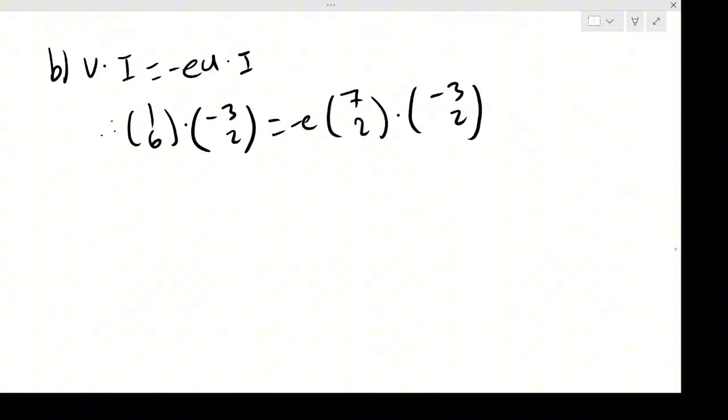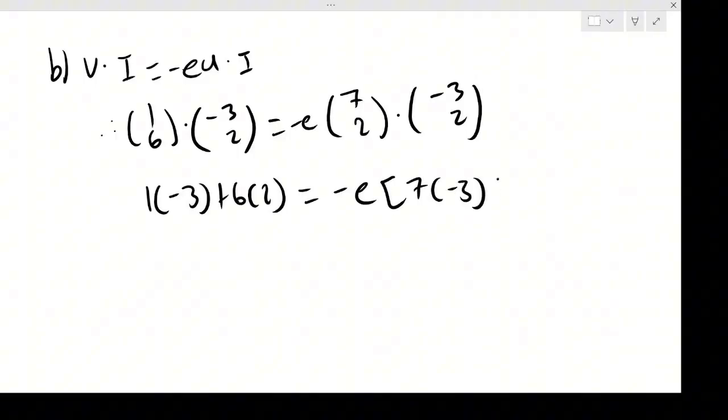So we just need to calculate these dot products. So 1 lots of -3 add 6 lots of 2 is minus e lots of, that's 7 times -3, add 2 lots of 2. Again, make sure you're happy with the dot product there.